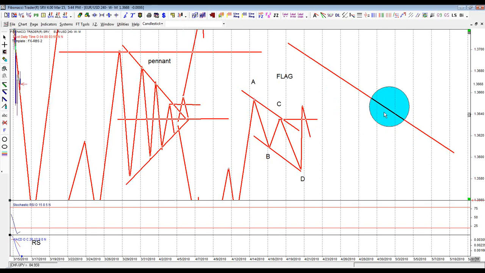Now, I will draw a candle. Now, we need to look for a bullish candle to close above this trend line. This is confirming the breakout. Now, as soon as this candle closes, we'll start forming the next candle, right?